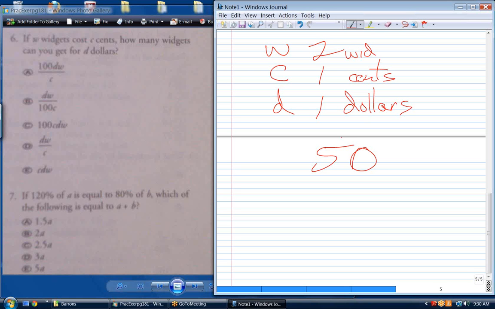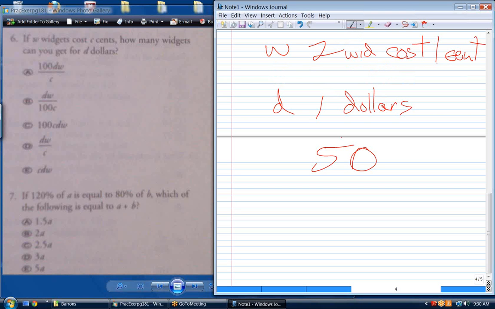I set it up wrong. 2 widgets cost 1 cent. That means each widget costs a half a cent. Ow. Okay. You see where we went wrong?